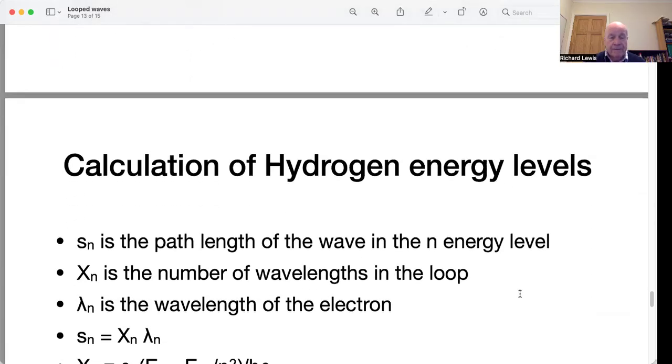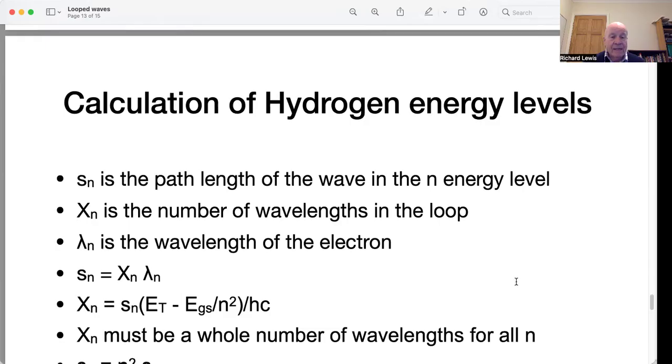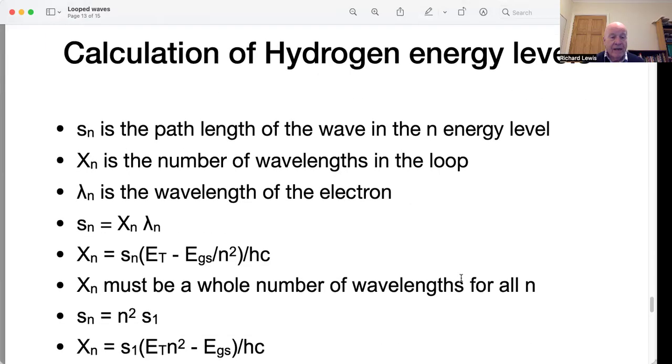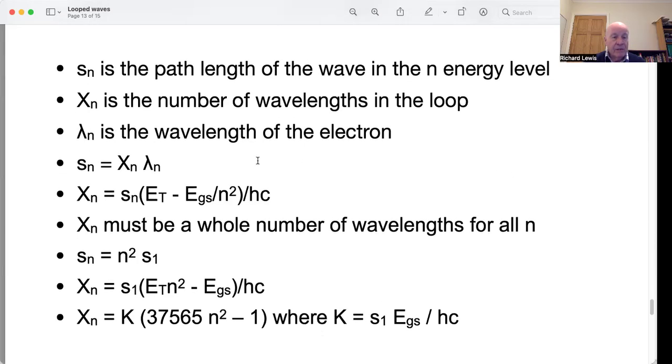So now we define Sn as the path length of the wave, Xn is the number of wavelengths in the loop, and lambda n is the wavelength of the electron. So Sn equals Xn times lambda n. That's simply saying that if we multiply the wavelength by the number of wavelengths in the loop, we get the path length. And so using that, we can derive a formula for Xn.